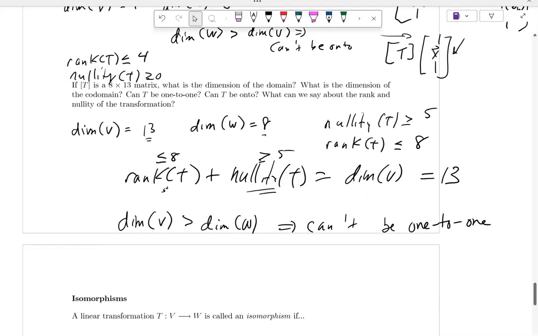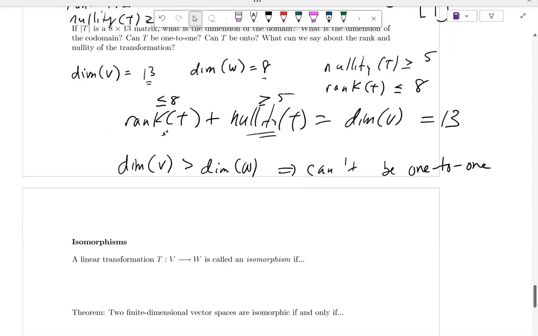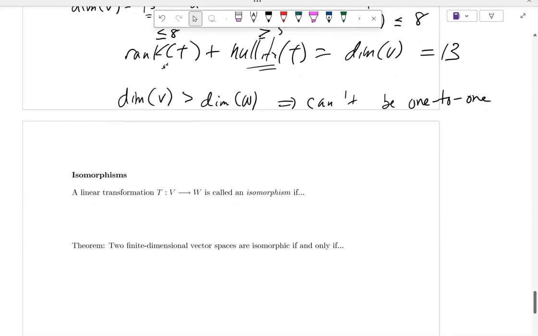All right. The last thing in this section, I talk about isomorphism. Isomorphism literally means same structure. Iso is same, morphism is structure. From a linear algebra perspective, we say something is an isomorphism if the transformation is both 1-to-1 and onto.